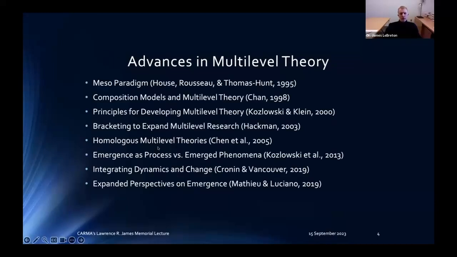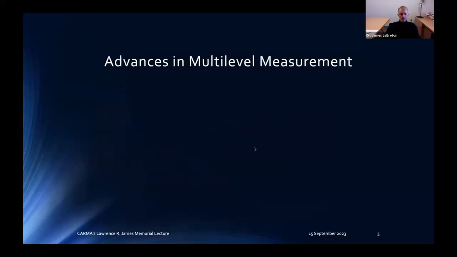So early on, just defining what an emergent process was and what emergence meant, and the implications that had for multi-level research and data aggregation, was huge. And over time, we've had more refined perspectives on emergence and a better understanding of how to integrate the temporal unfolding process of emergent phenomena.